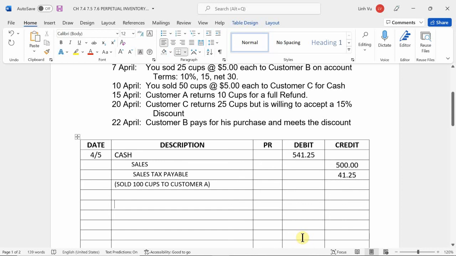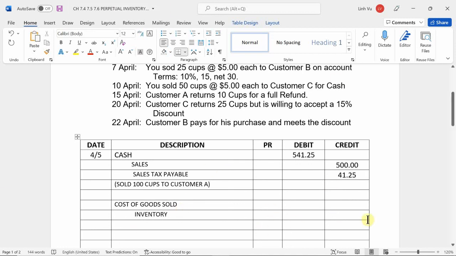I have to include my second entry here, which is calculating the cost of goods sold. And where am I taking it out from? Inventory. Yes, I'm updating my inventory.